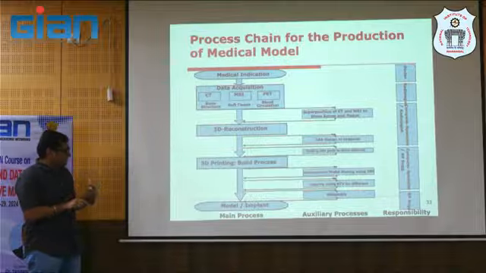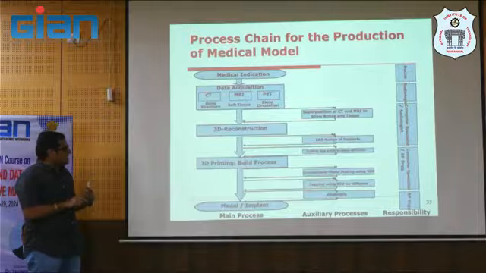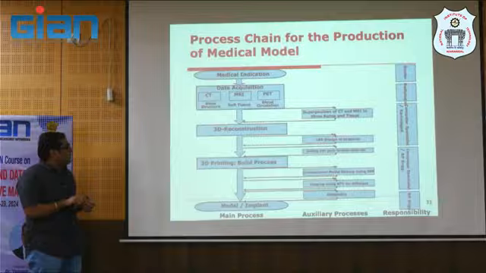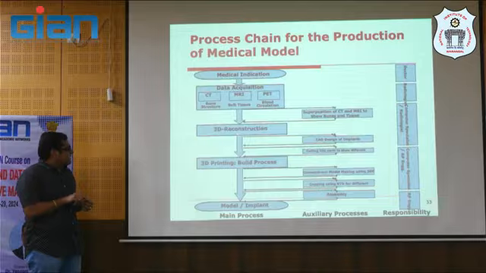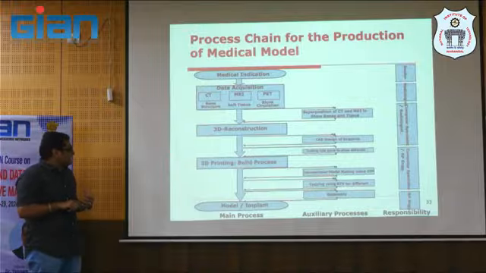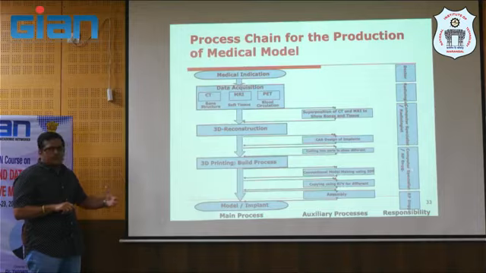Right after, your computer specialist or the CAD person will process these images and 3D reconstruct them, right? And then you have the additive manufacturing machine, you print that model, and this is where your AM knowledge plays a major role.